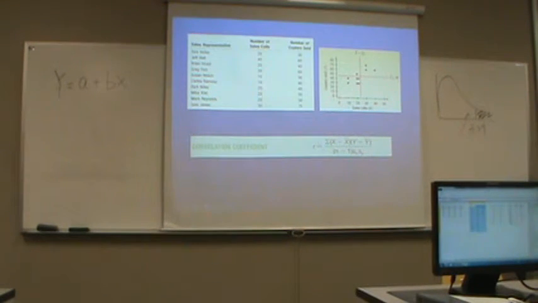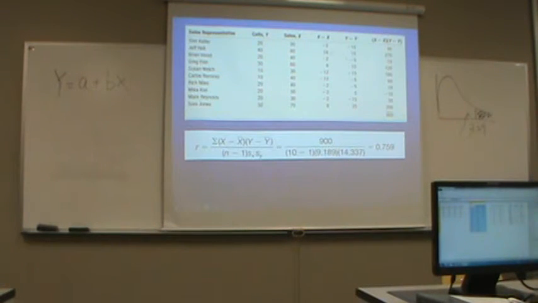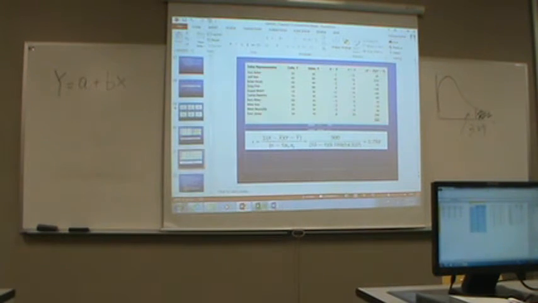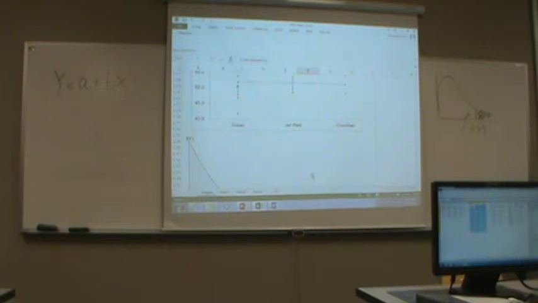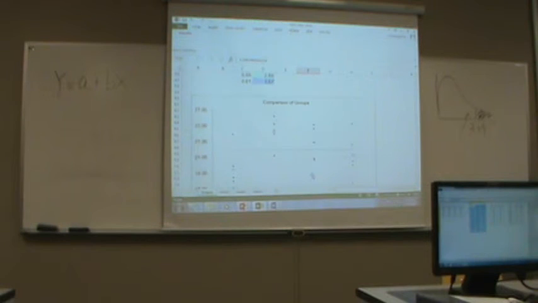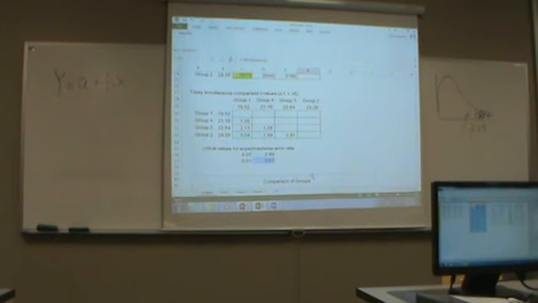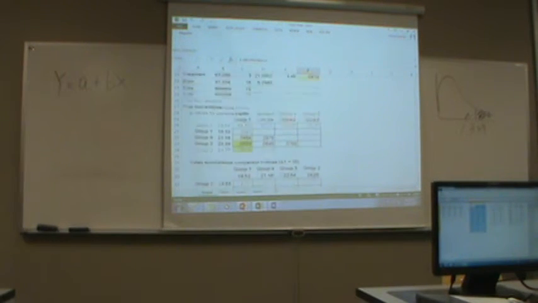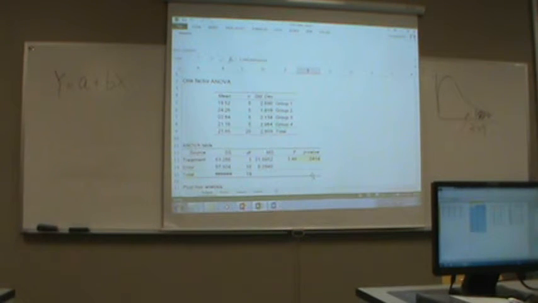Or using this formula, then we can calculate something like this, 0.759. I will show you. Later I will show you.